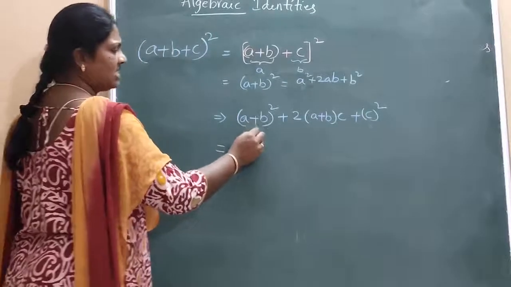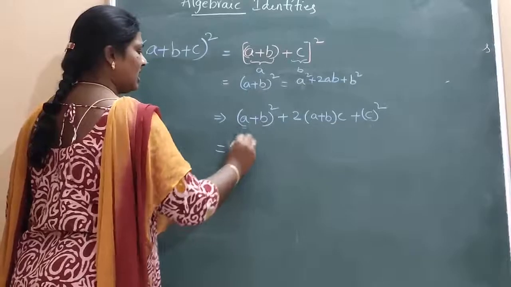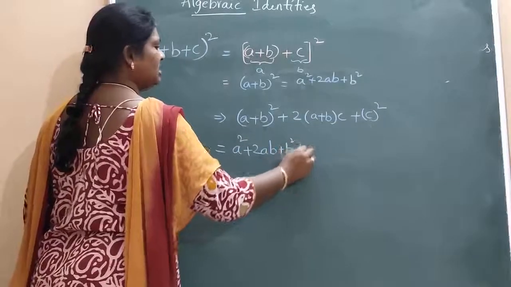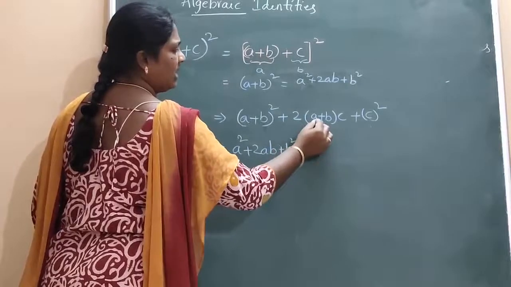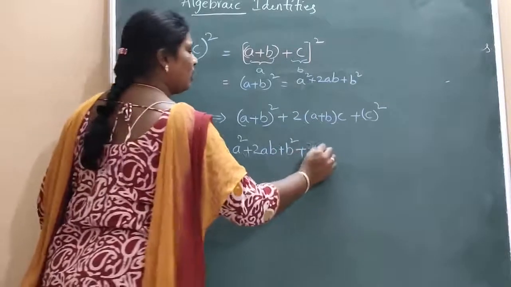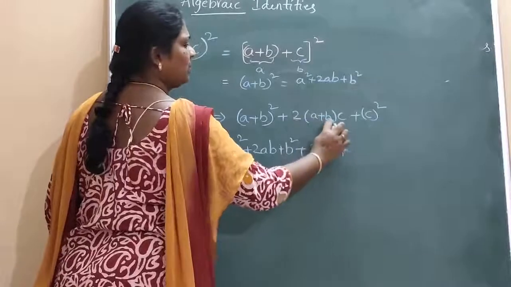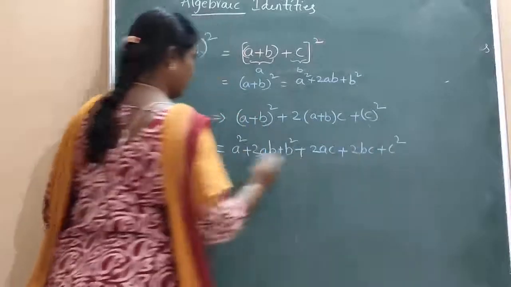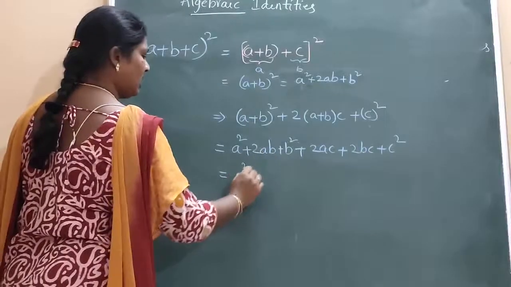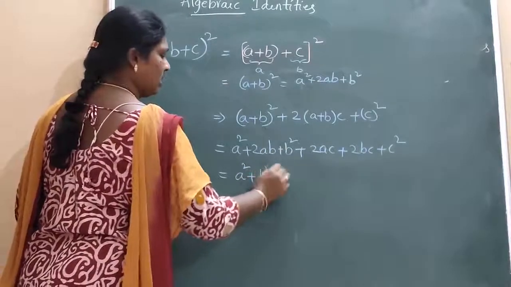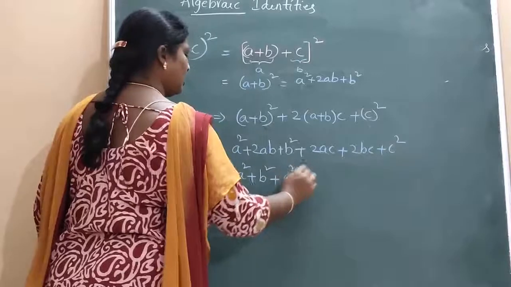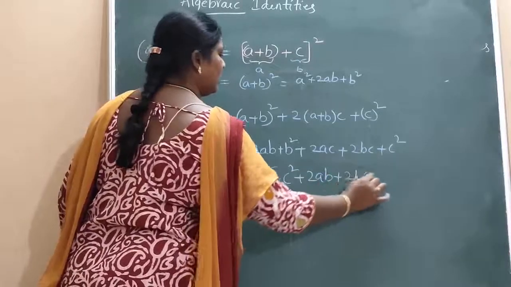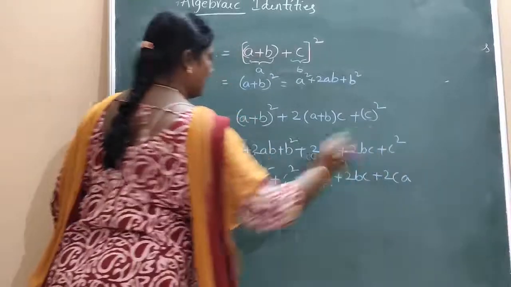So we expand a plus b whole square as a square plus 2ab plus b square, plus this is 2 into a into c, that is 2ac, plus 2 into b into c, that is 2bc, plus c square.